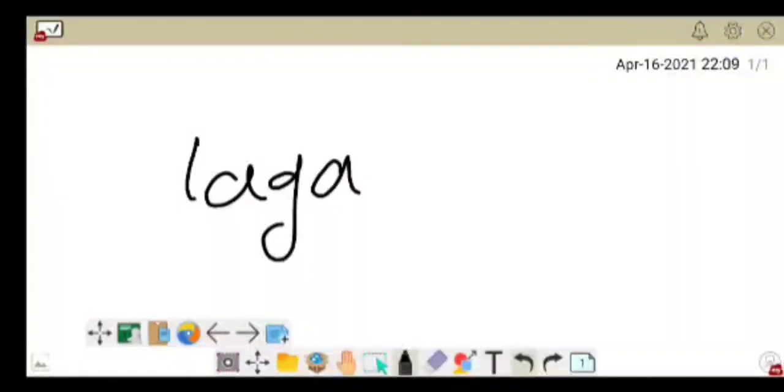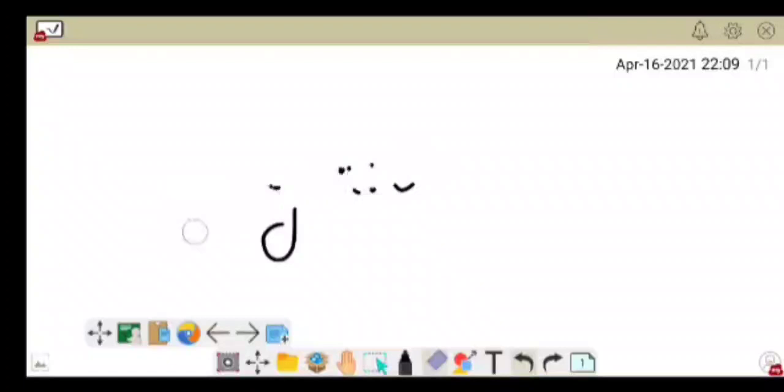I think you can remember the movie name, Lagaan. I'm not writing it because I'm not sure of the spelling of that movie.